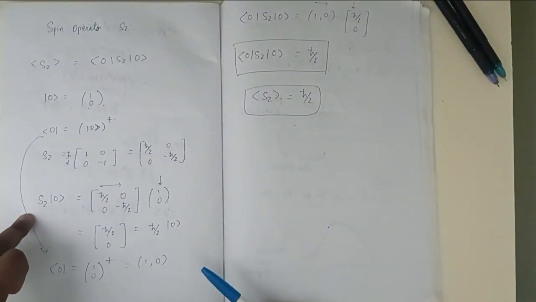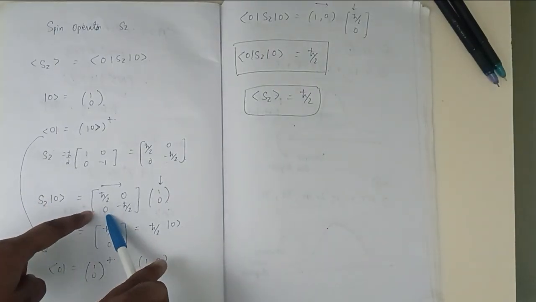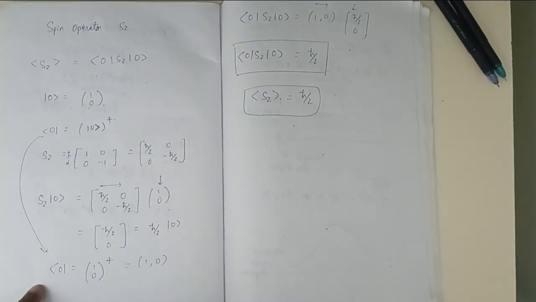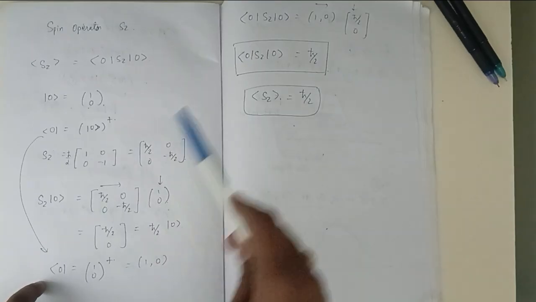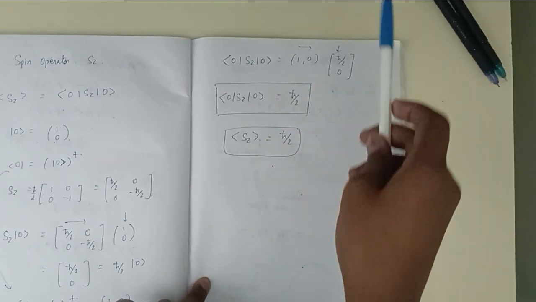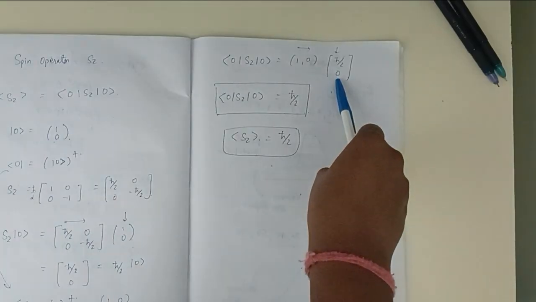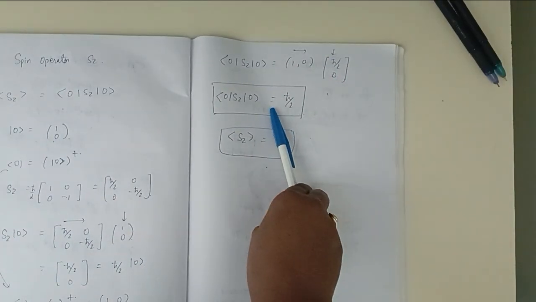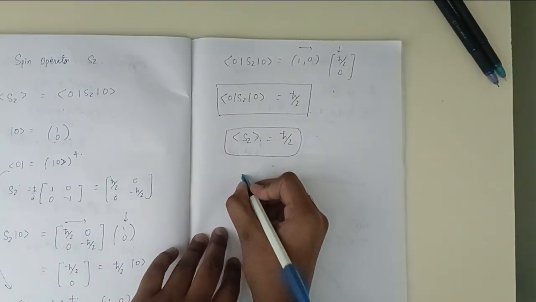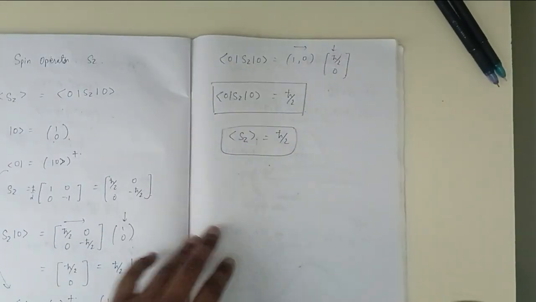Then if Sz is operated on ket 0, our answer becomes h cross by 2 ket 0. If we take the multiplication of bra 0 with Sz operated on ket 0, our answer would be h cross by 2, right? So the expectation value of Sz is h cross by 2.